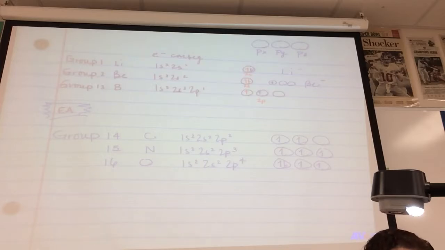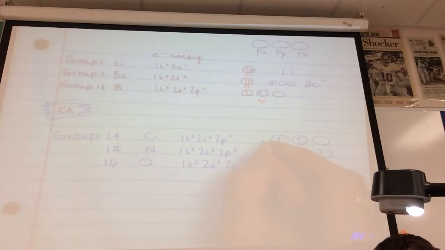In any event, we're looking at the ability of this atom to attract and hold an electron it didn't have previously. So we would be making C minus, N minus, O minus. Doesn't matter if it looks funny. If we were looking at C minus, that next electron would go right here.